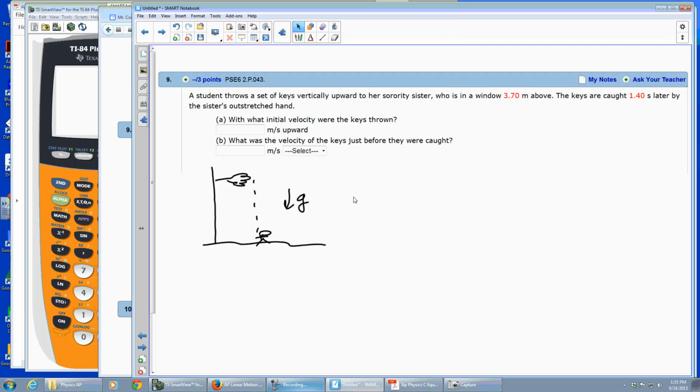So, let's see. Okay, which direction do you guys want to call positive? Up. Okay. Where do you want to call 0? Ground, 0 meters. Okay. All right. I want to know the initial velocity, so I'm going to use x equals x naught plus vx naught t plus 1/2 ax t squared.